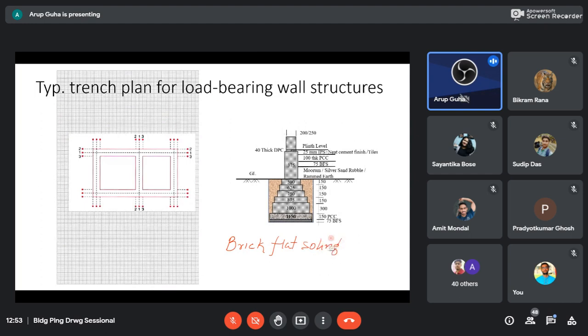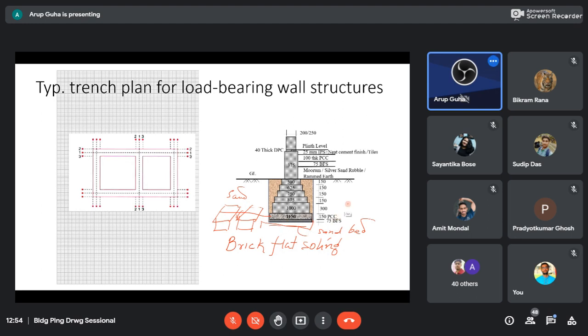Brick is being arranged, means you place one brick, place another brick, in between space you fill with sand, and ultimately create a smooth finish. Below that there could be a sand bed also. So that is the lowest level of your foundation.